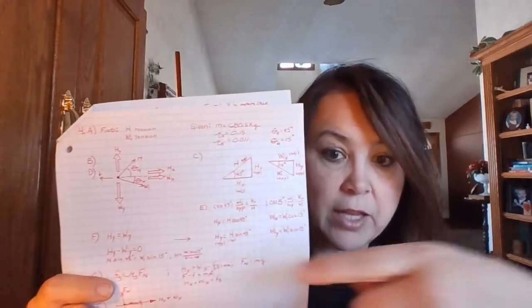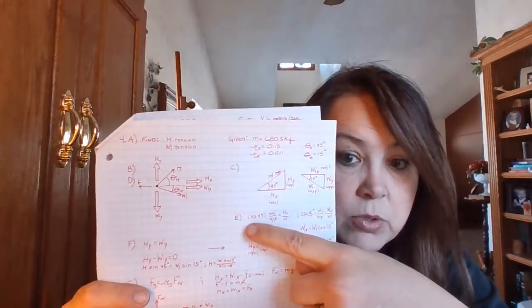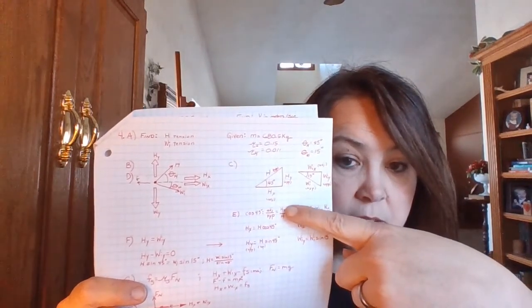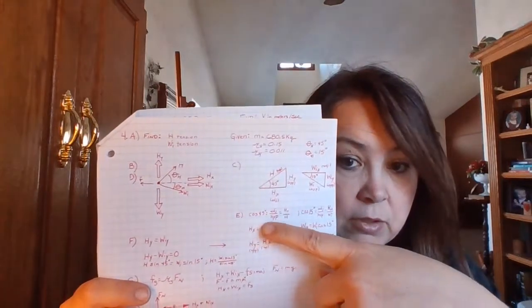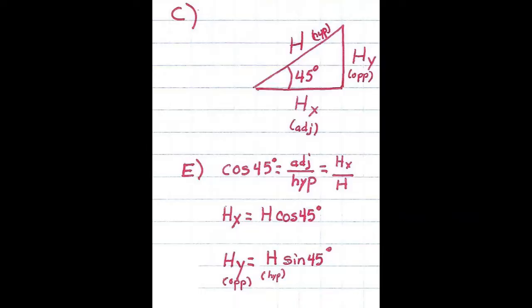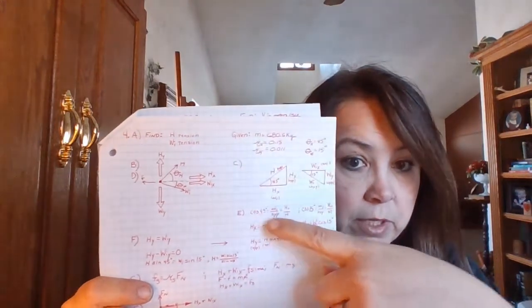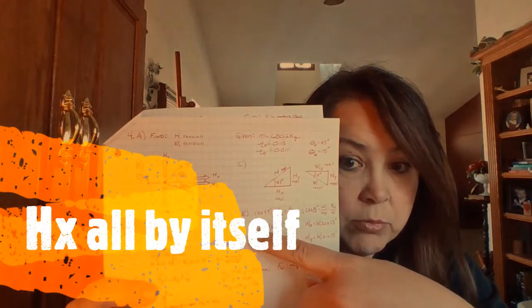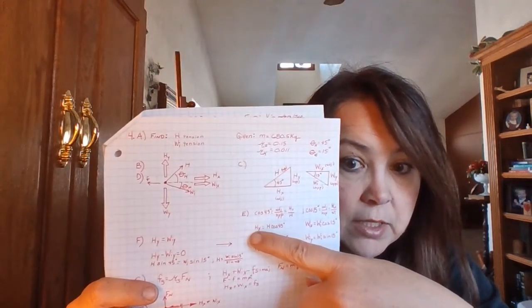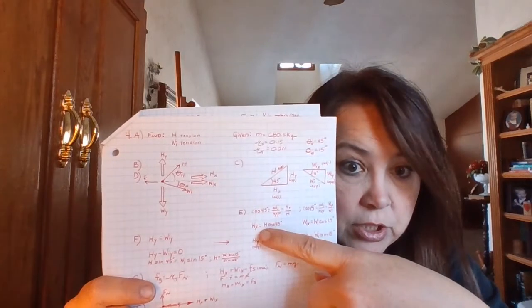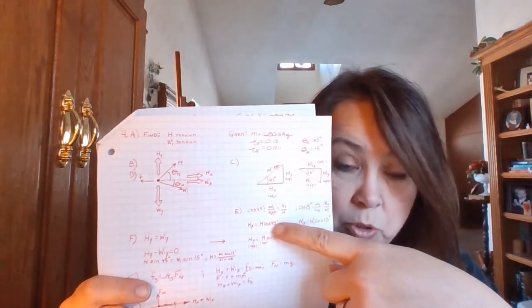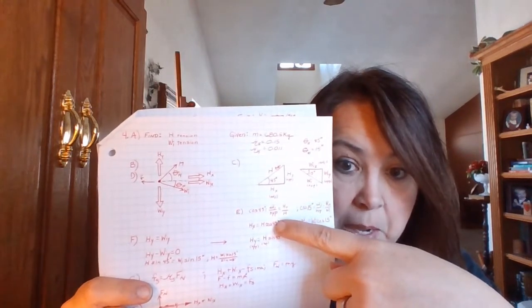So now that you've done that, you can see that we're going to use cosine to calculate out HX. We write it out like this. And then we rearrange the problem to get H all by itself, and our new equation looks like this. HX equals H cosine the angle that the husband was pulling, which is 45 degrees.